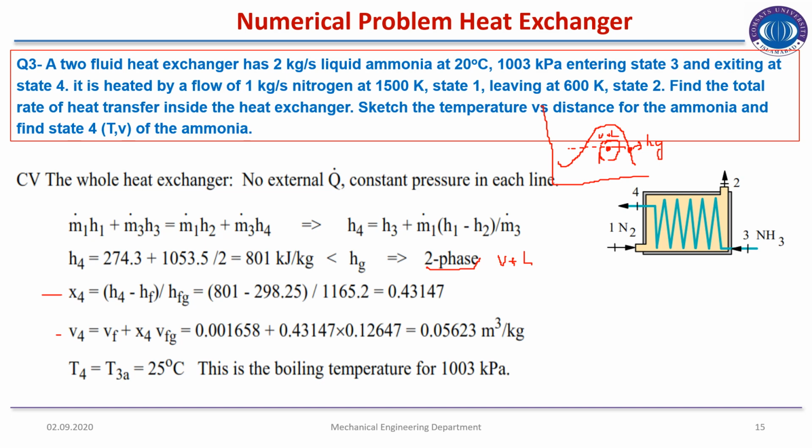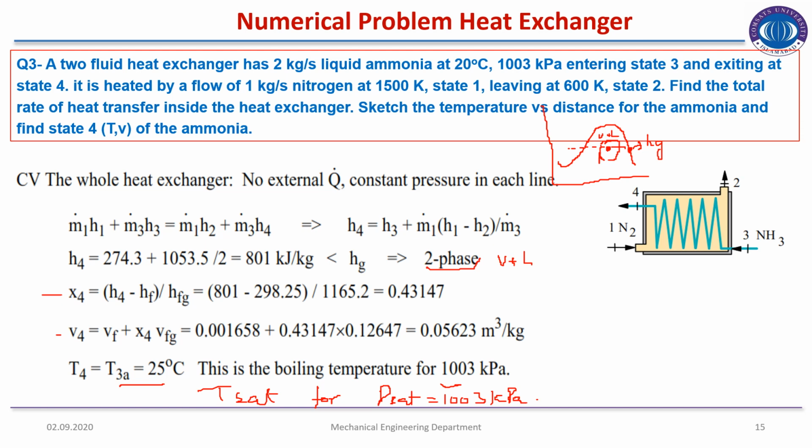So the temperature is 25 degrees centigrade. This is the boiling temperature for 1003 kilopascal. So this means that this is the saturation temperature, T sat for P sat equal to 1003 kilopascal.